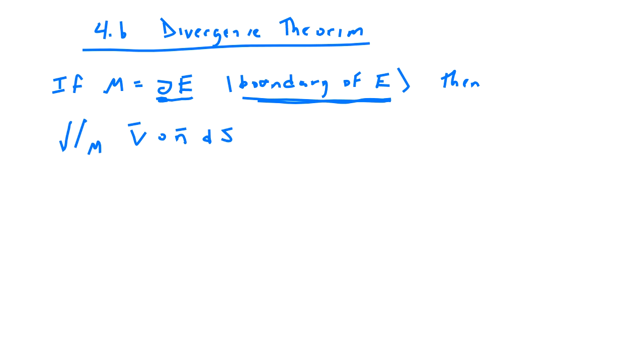So if M is the boundary of E, then the flux through the surface M is equal to the triple integral of E through this thing, which came up in 4.1, so let me remind you what that is.